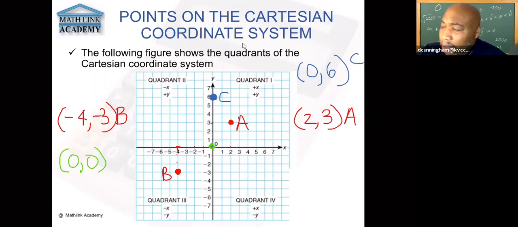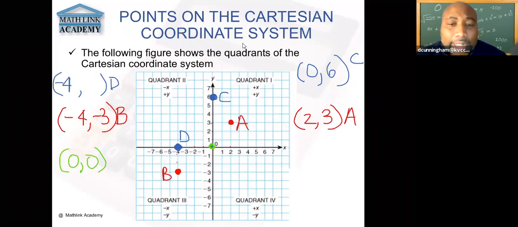Let's do this one, this other blue one right here. How will you write that coordinate? I'm going to label it D. What's the ordered pair for this one? First start with the x. Again, the x is first. Start at the origin. Did we go anywhere on the x-axis? Actually, we did. We went 1, 2, 3, 4 in the negative direction.